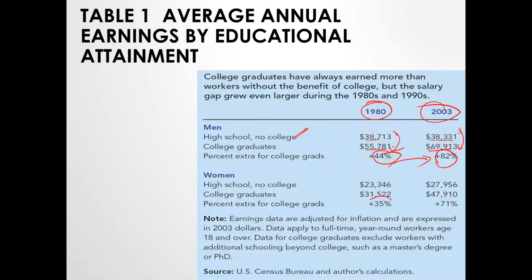Similarly, for women, in the 80s, those who had college degrees were just earning 35% more. But now, look at that differential. They are earning 70% more. All right, and these studies exclude workers with additional schooling beyond college, such as master degrees or PhDs.